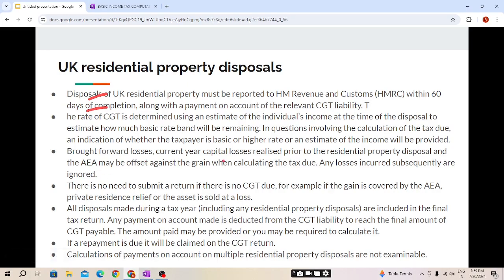Brought forward losses, current year capital losses realized, means before selling this residential property, we have brought forward loss and capital loss prior to residential property disposal, and the AEA may be offset against the gain when calculating the tax due. Whenever we are calculating the tax on the residential property gain, we need to offset these three items, and any loss incurred subsequently is ignored.